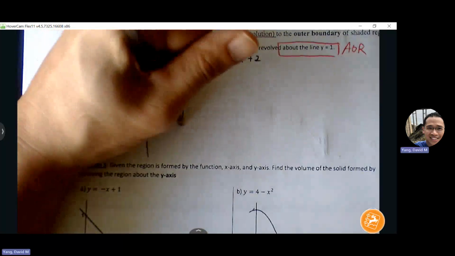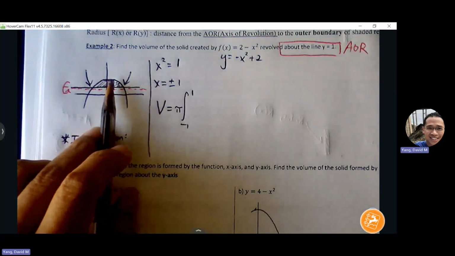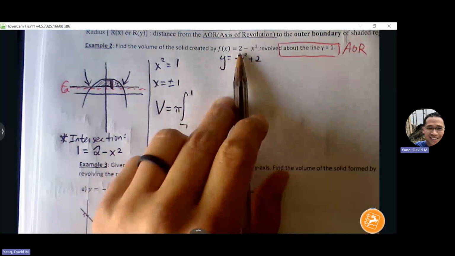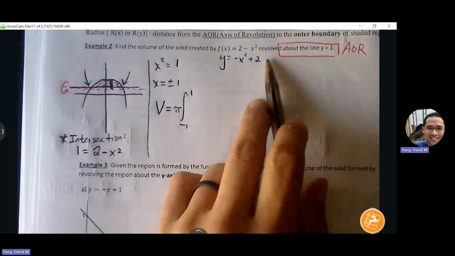Okay. Integral from -1 to 1, top minus bottom. The top of my radius is sitting on the 2 minus x squared. The bottom of my radius is sitting on the 1, so I just subtract those two.